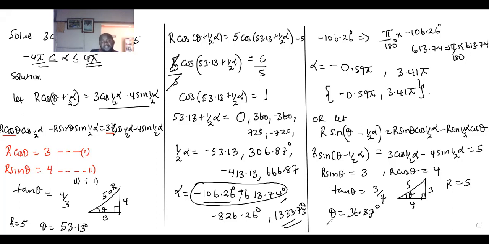So it means we are having 5 sine of theta, which is 36.87 minus a half alpha is equal to 5.